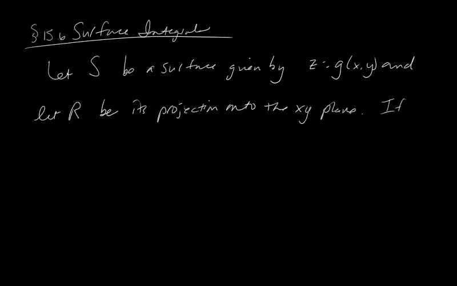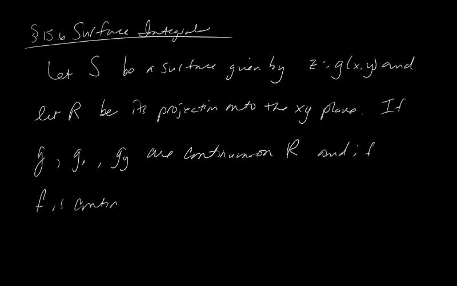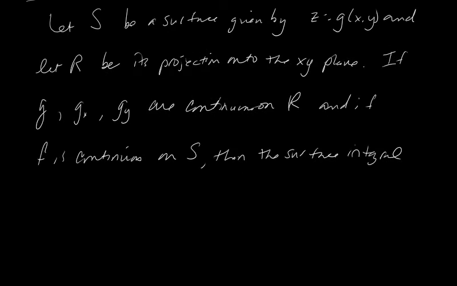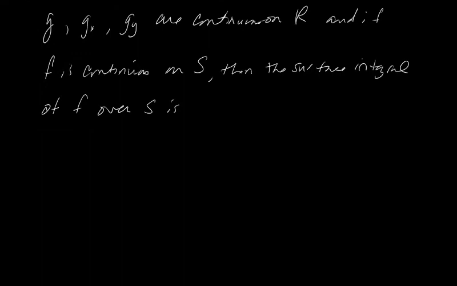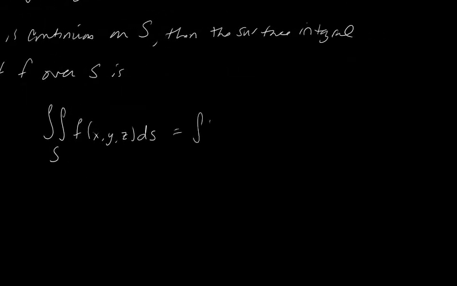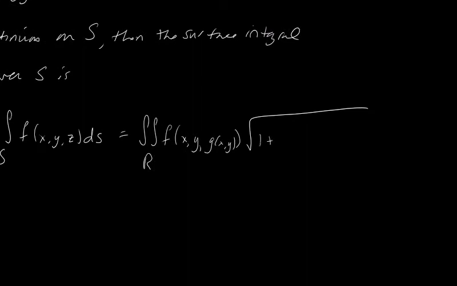If g sub x and g sub y are continuous on R, and if f is continuous on S, then the surface integral of f over S is the double integral over S of f of x, y, z dS, and that is equal to the double integral over the region R of f of x, y, g of x y, so that's our z, times the square root of 1 plus g sub x of x y squared plus g sub y of x y squared dA.